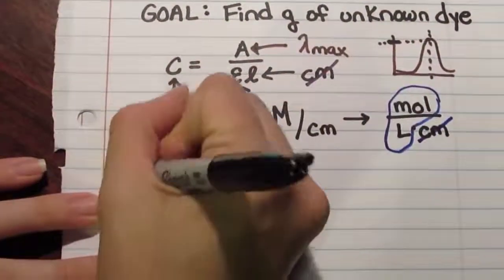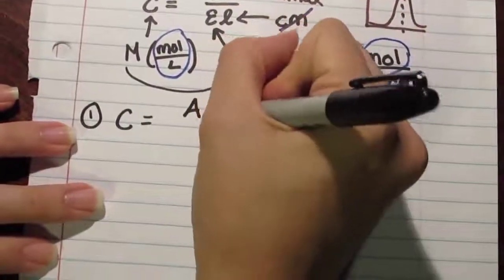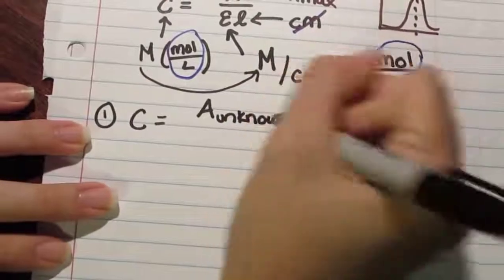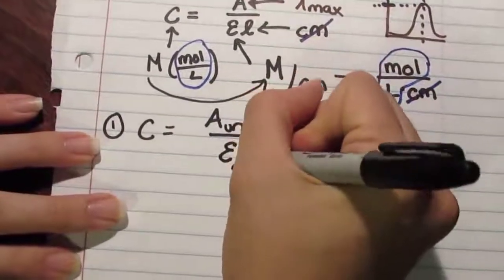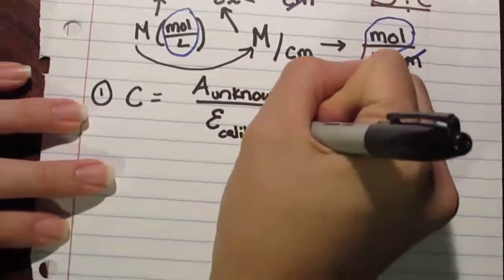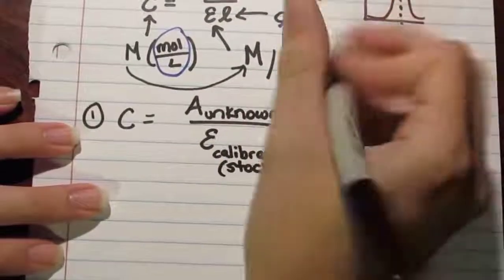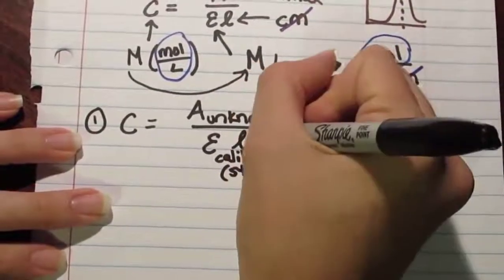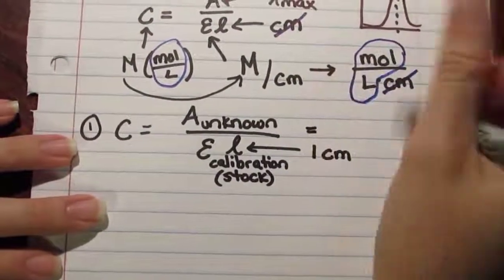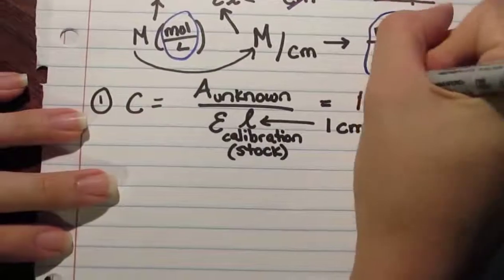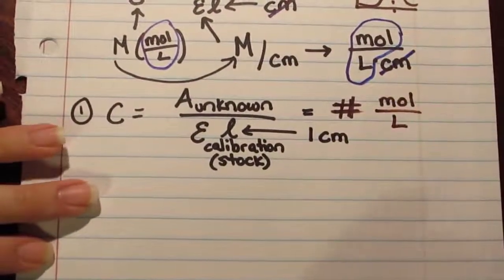If you plug in your absorbance of your unknown from the lambda max and your epsilon value that you calculated from your calibration plot, and that was from the stock solution, times the length of the cuvette, which was 1 centimeter, as you all remember, you'll then have a value. And that value will be in moles per liter for concentration.